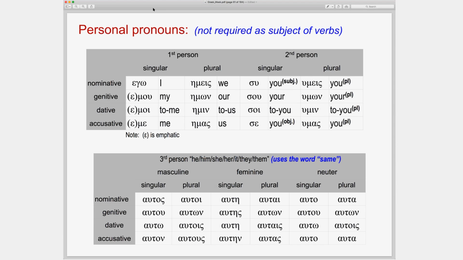There's ego, which means I, emeis, we, su, which is you, and so on, humeis, you, and so on and so forth. And then you can even make them more emphatic by putting an epsilon before them.